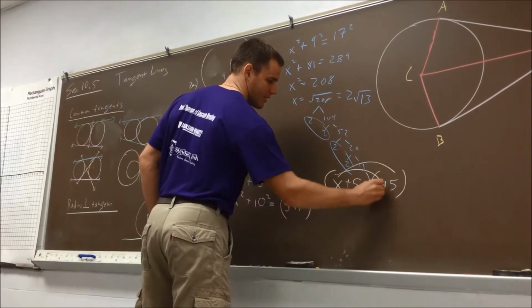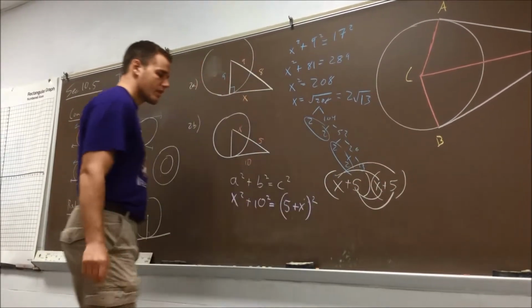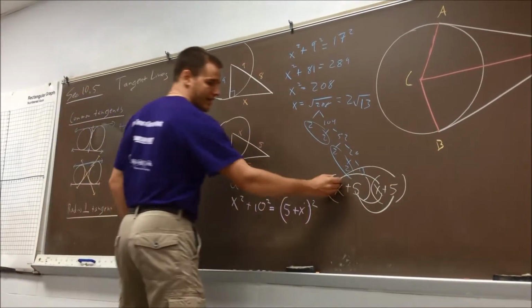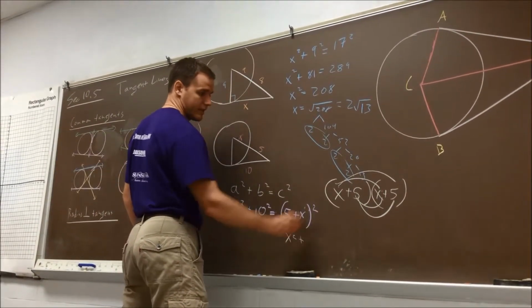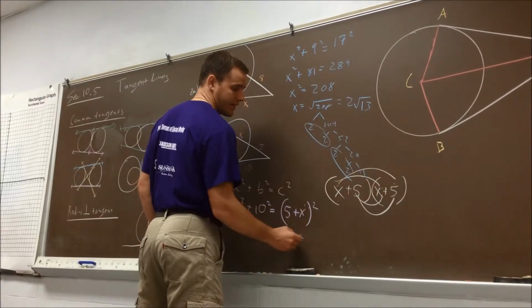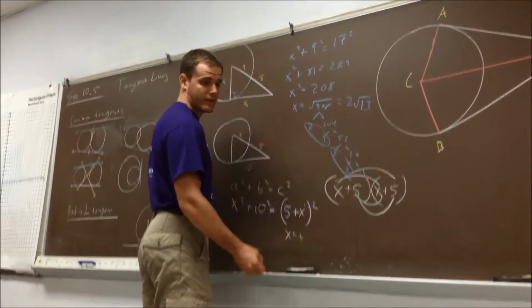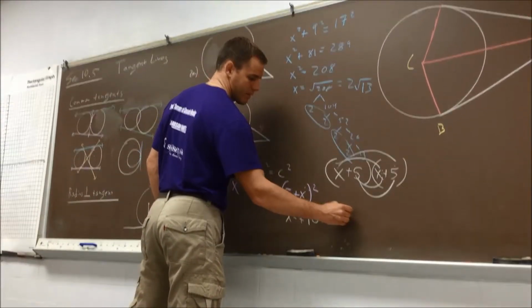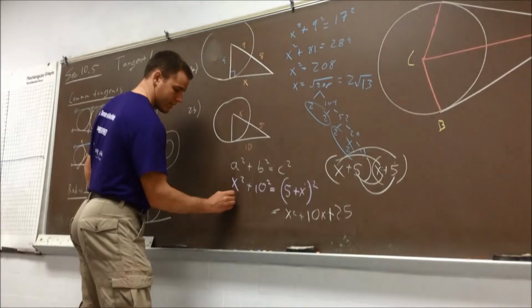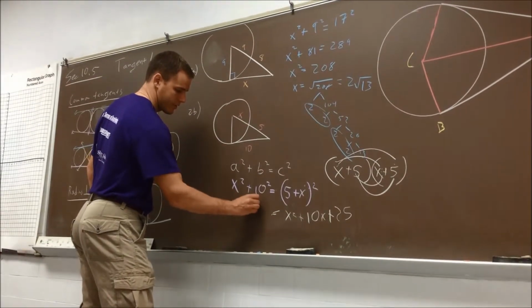So let's see here. x times x is x squared plus x times 5 is 5x. We have another 5x there, don't we? So x squared plus 10x plus 25 equals x squared plus 100.